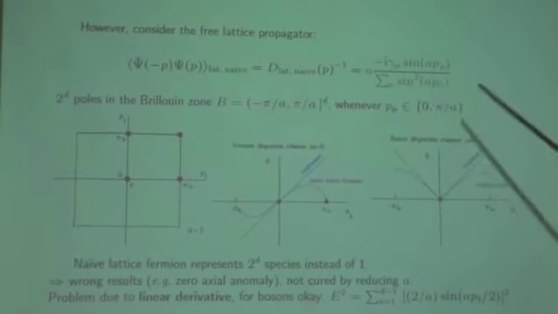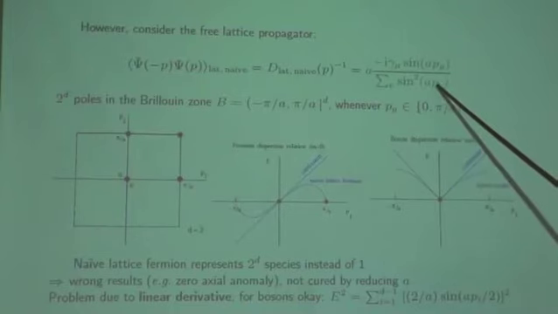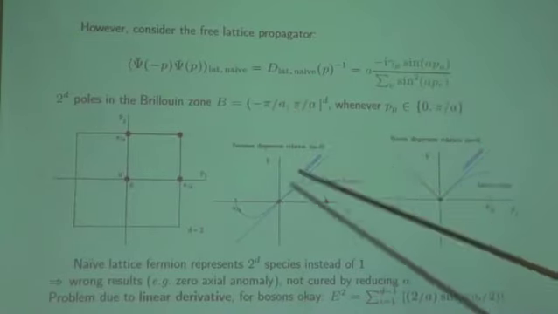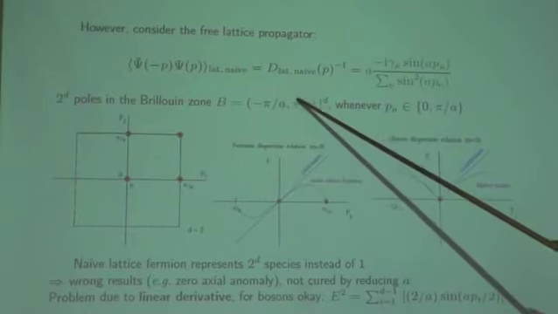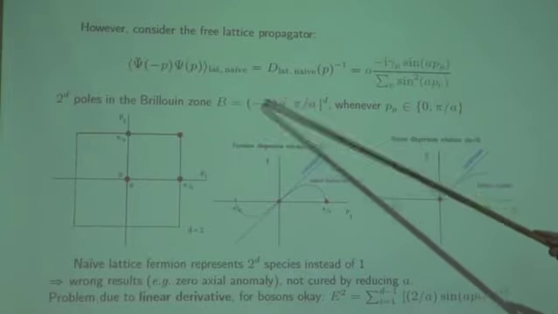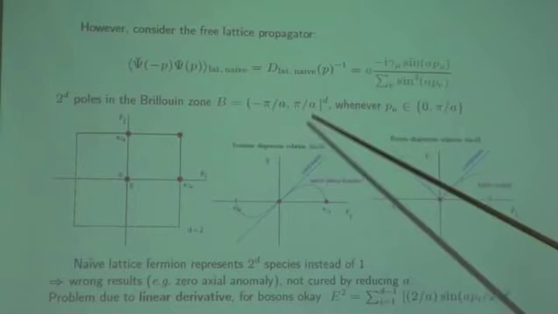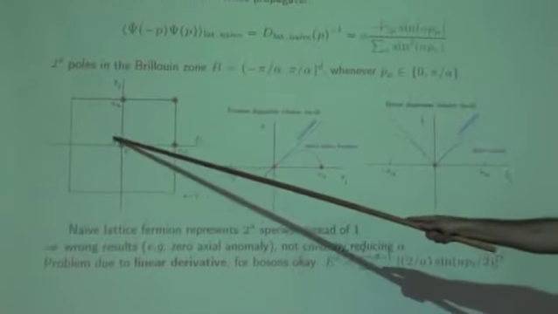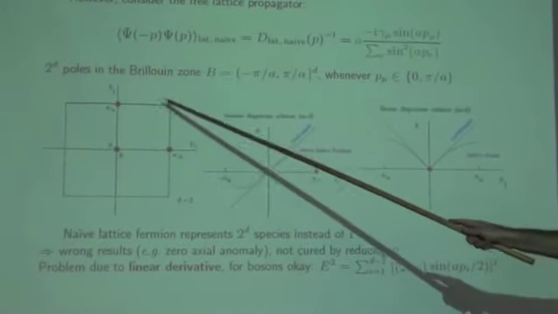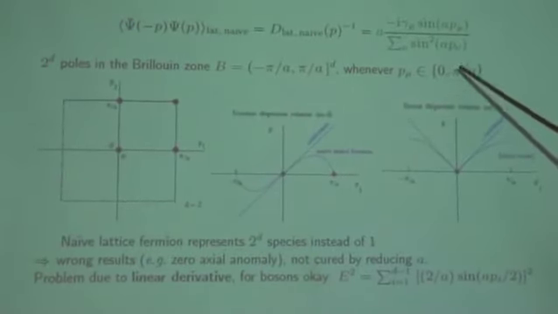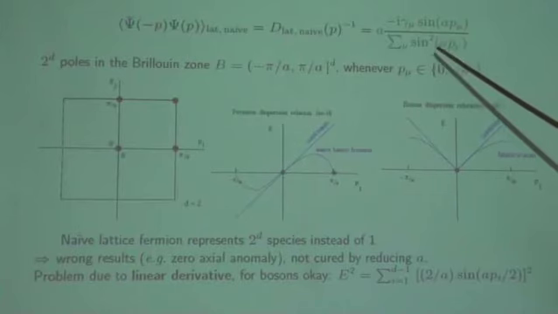We see that we have the physical pole at momentum 0, but we also have unphysical poles where the sine vanishes, and these poles are still inside the Brillouin zone. If we define the Brillouin zone such that the upper bound is included and the lower bound not, so that we include it only once, because we have the 2 pi over a periodic copies, then we have poles not only here, this is the physical one, but also here, here, here, whenever each of the components is either 0 or pi over a, then we have a pole.